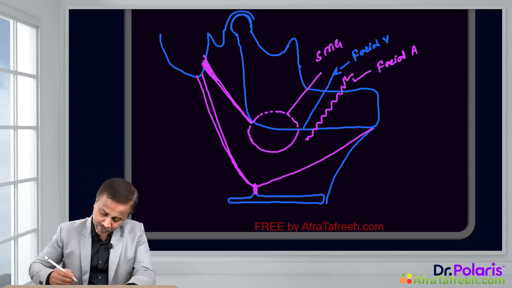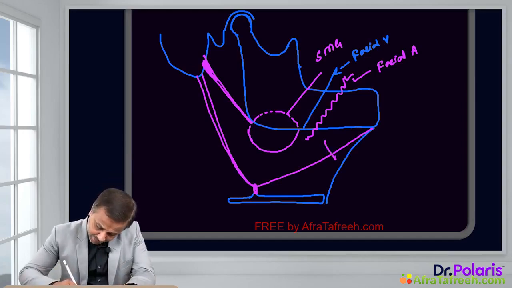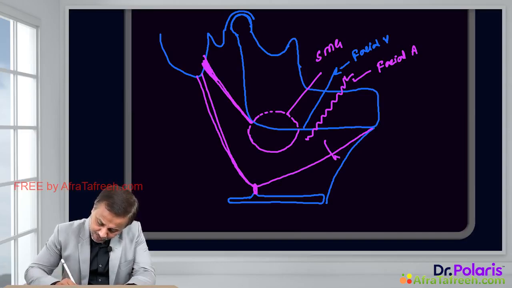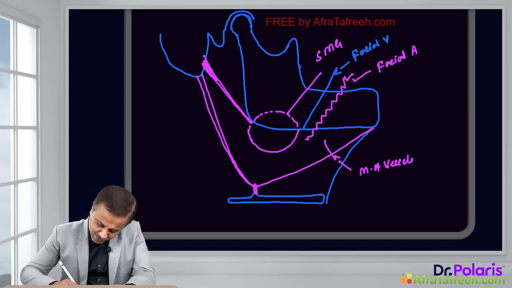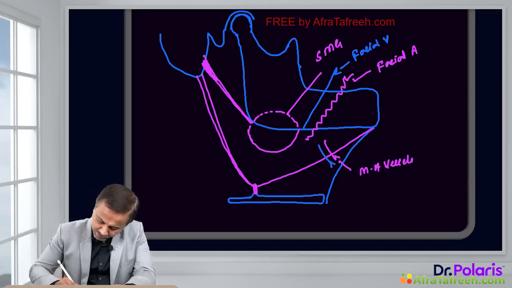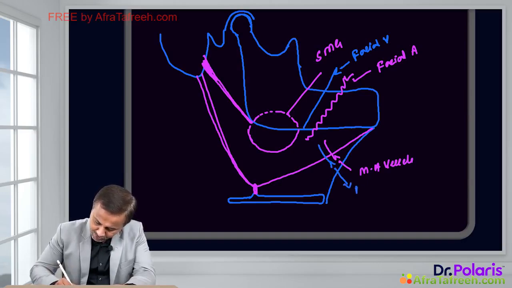Apart from this, we have the mylohyoid vessels, both artery and vein. And then we have the mylohyoid nerve. So let's imagine this is the mylohyoid nerve.